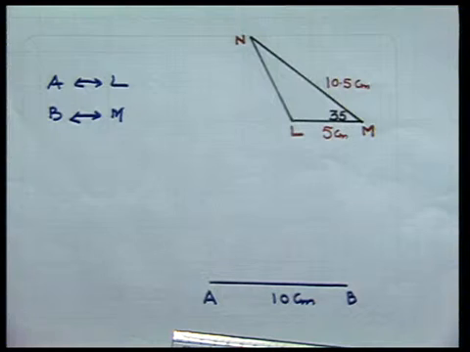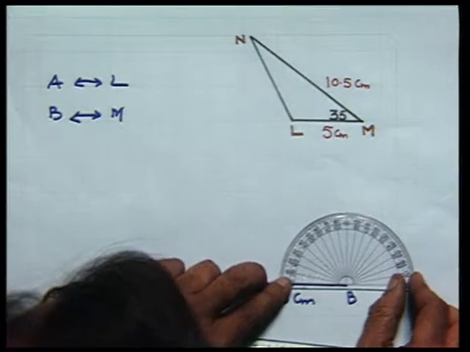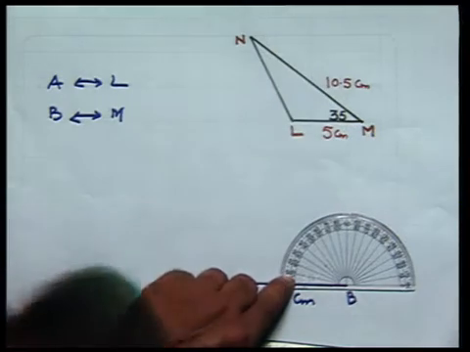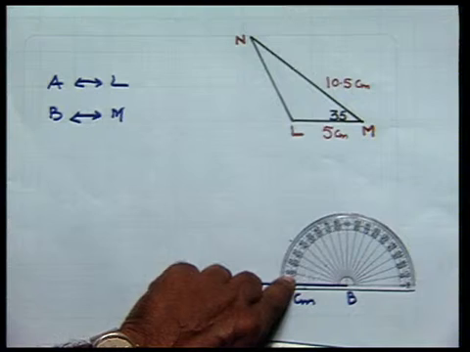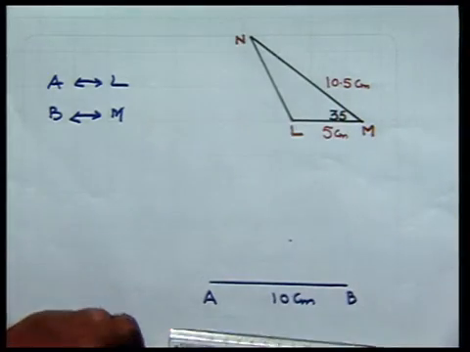Now, let us make an angle of 35 degrees at B. And I will take this side as 21 centimeters, being twice of 10.5.